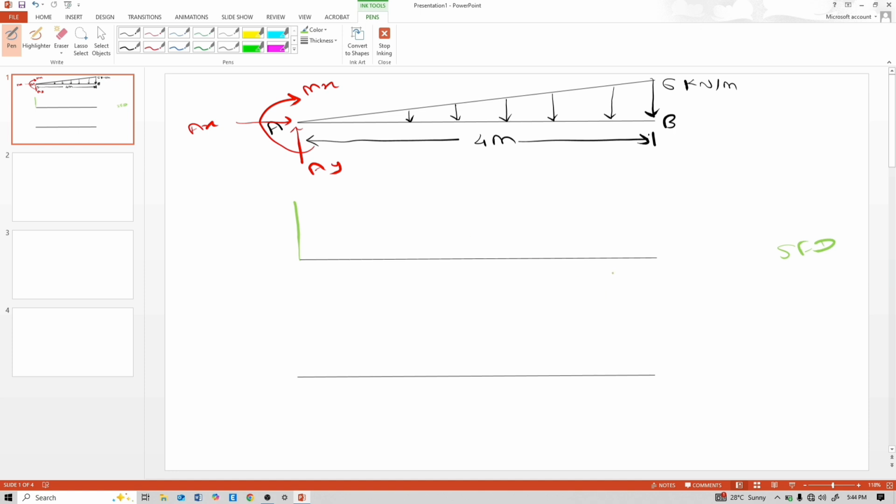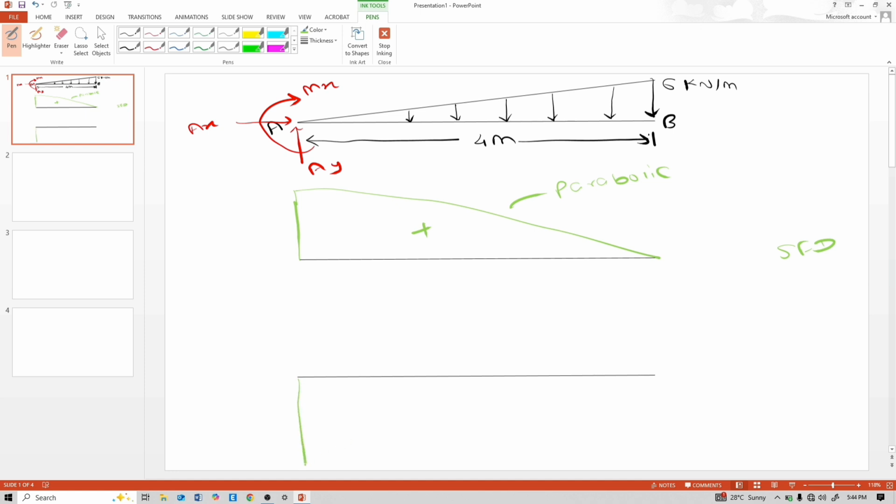So this is like this, positive. And moment is cubic. This is parabolic.